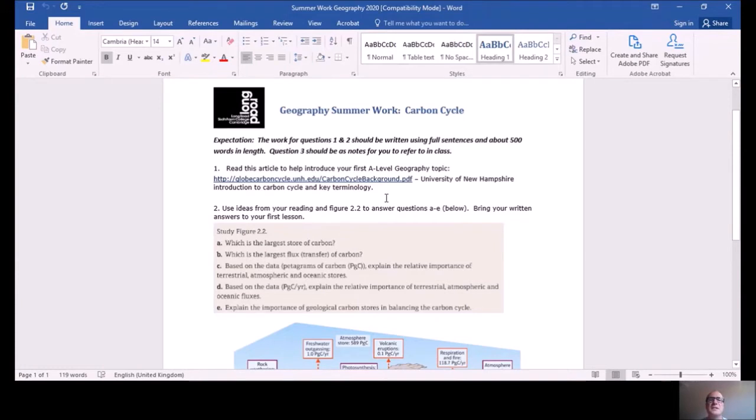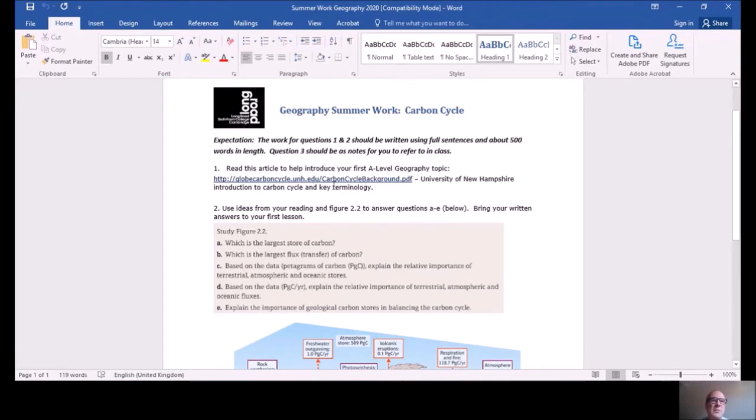It's an article from the University of New Hampshire, and it introduces you to some key terminology, and that's a very important part of this task, is actually to do the reading first of all, because I think we've all done work on the carbon cycle earlier on in school, either at GCSE or in geography, but we just need to up the level a little bit. There's a few technical terms and ideas that we want you to work your way through.